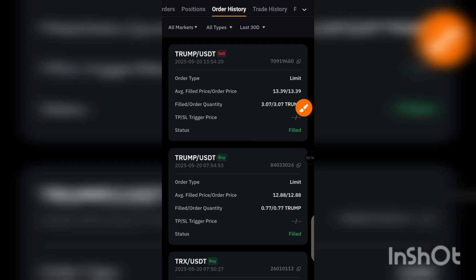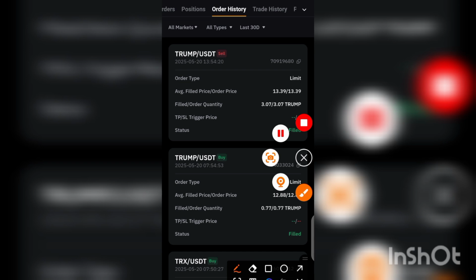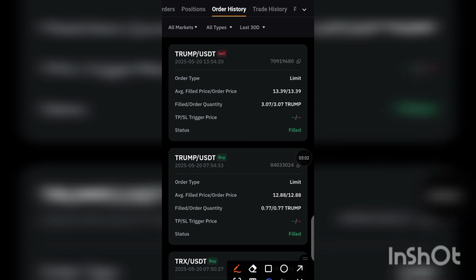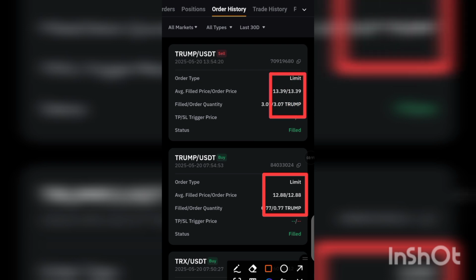Then I closed this trade at 13.99 in price. This is in USDT. So you can now see over here, this is opening and this is closed.